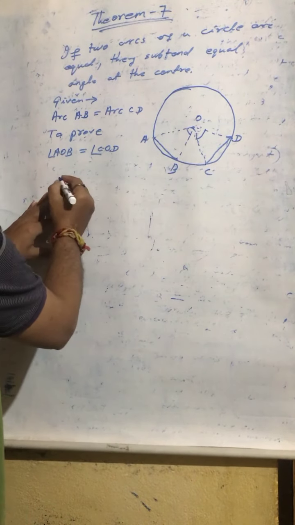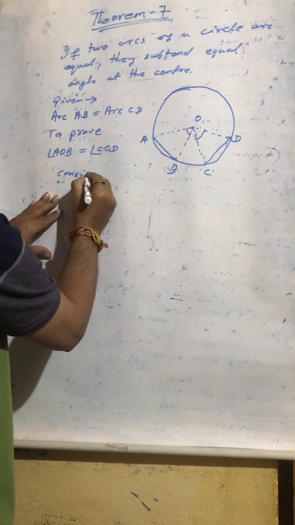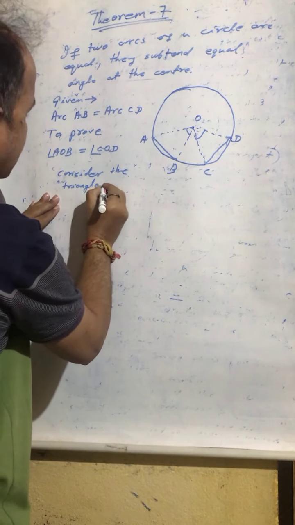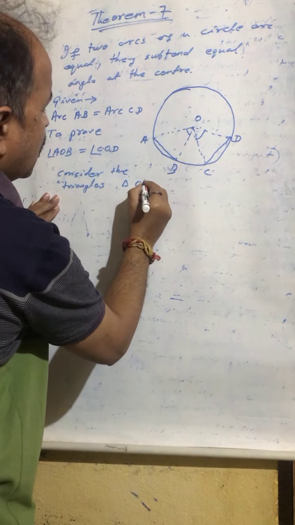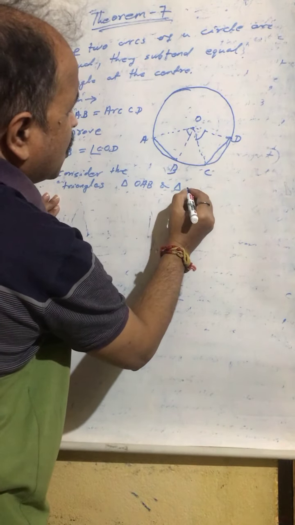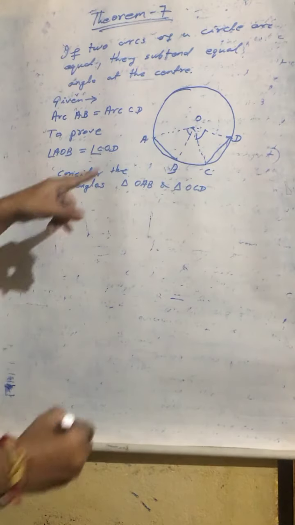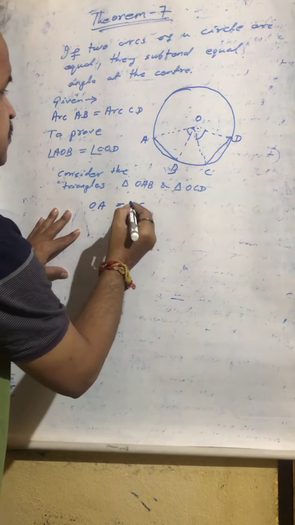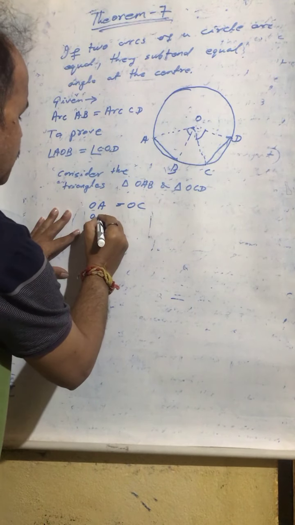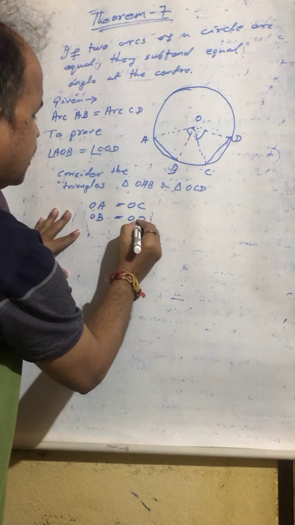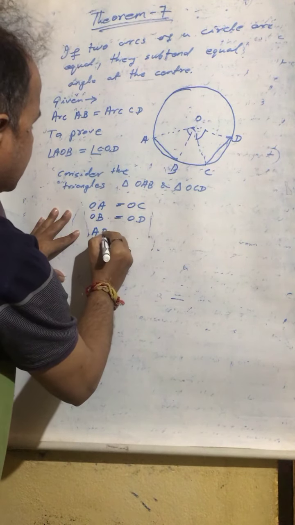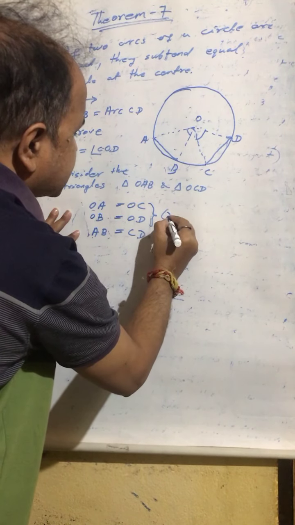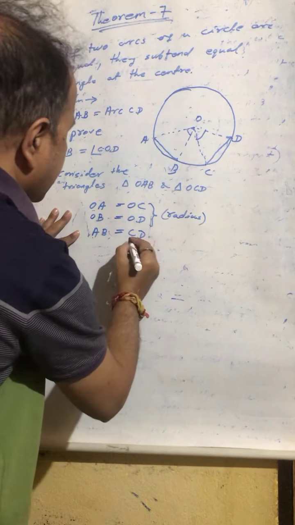So now consider the triangles OAB and OCD. In these two triangles, OA equals OC, OB equals OD, and it is given AB equals CD. OA and OC, OB and OD are equal because they are radii of a circle, and AB equals CD is given.